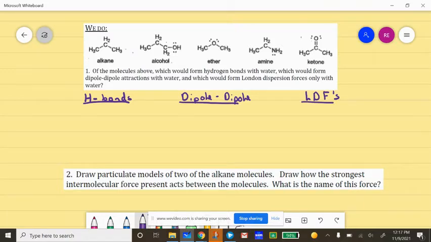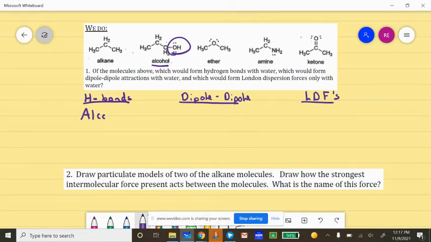When we're talking about hydrogen bonding, we're going to be looking for hydrogen covalently bonded to either a nitrogen, an oxygen, or a fluorine. So we're looking for NOF. If we look at the alcohol, that's the first place I see a hydrogen covalently bonded to an oxygen. So that would be able to hydrogen bond to water.